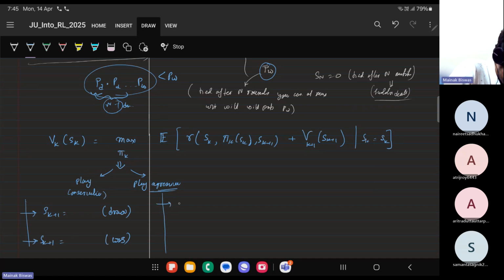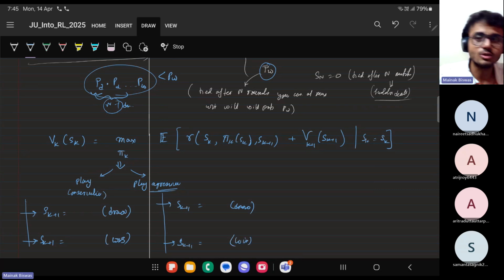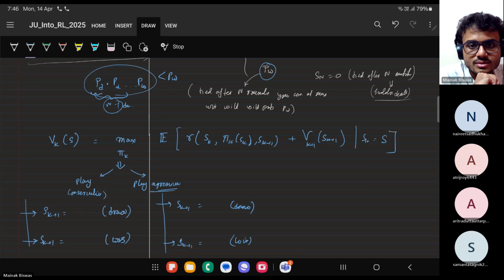And if you play aggressive, Sk plus 1 equals, if it is a draw, and if it is a win, what is it going to be? Tell me. Sk is already given to be small sk. If you are having problems with it, you can write s as well. The value of Sk is given to be s. Tell me.